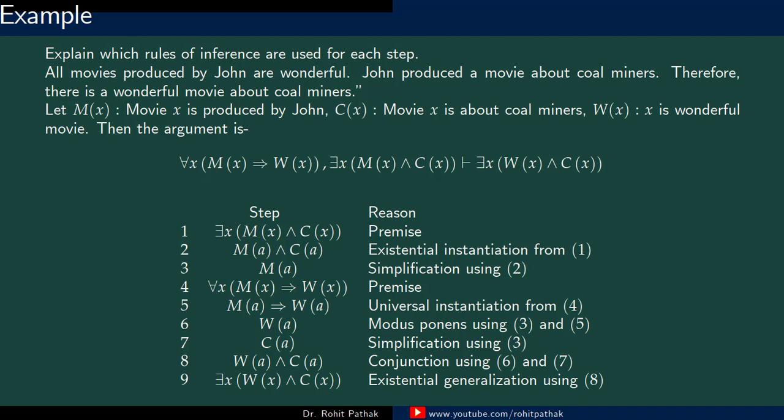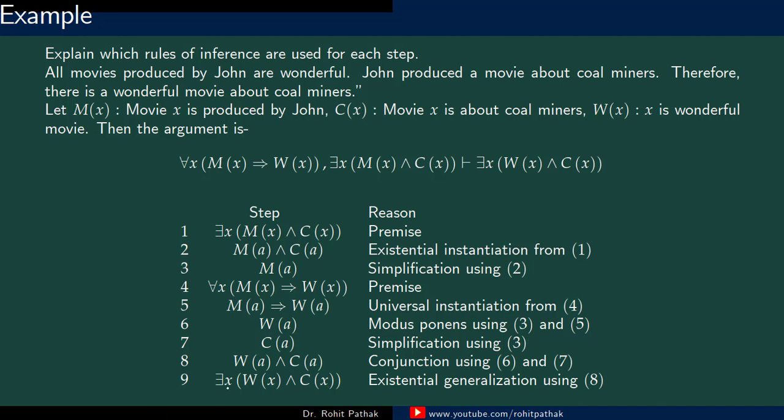So from this conclusion WA and CA, we can draw this conclusion only. We cannot write for all x. There exists x, Wx and Cx, and for all x, Wx and Cx have different meanings.